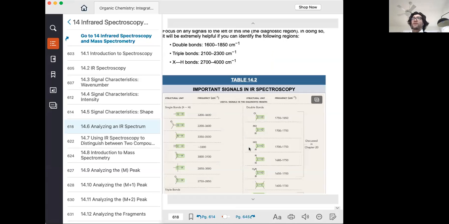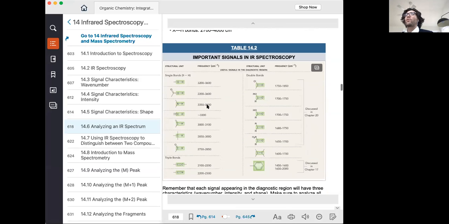Okay, so this is 14.2 in your book, and you can see that they give you the most important frequencies of IR stretches that we will use in this class. So it's a good idea to be familiar with this so that you can use these to find out what molecules are in an IR spectrum. There's a problem like this in your homework this week too, I believe.